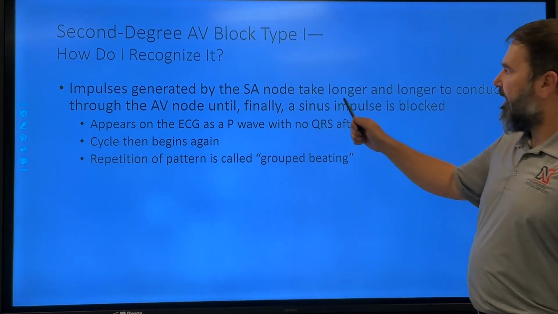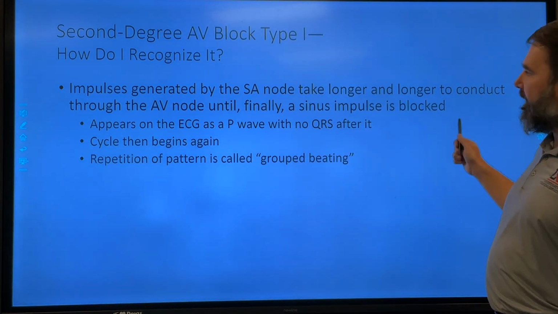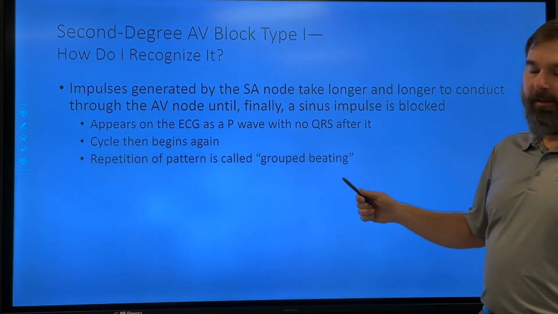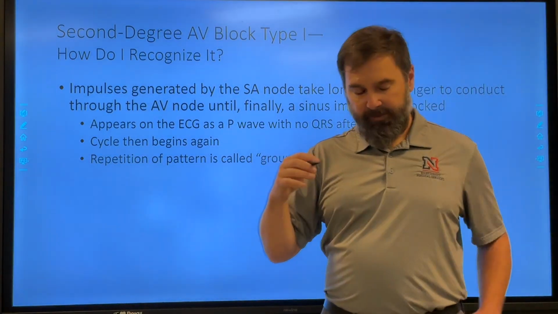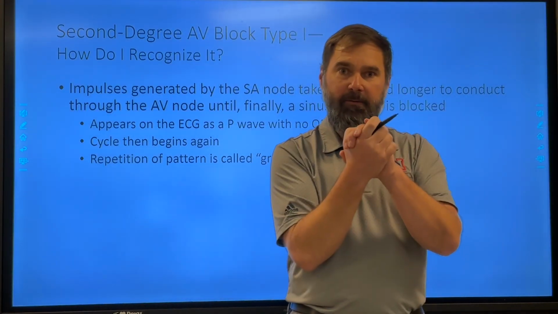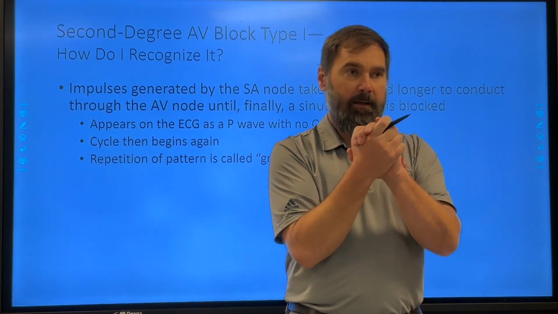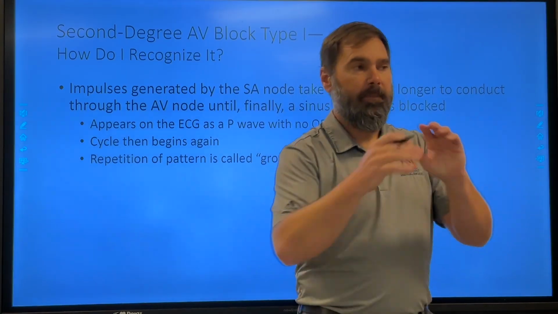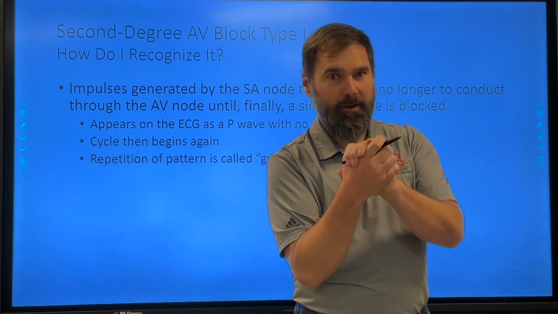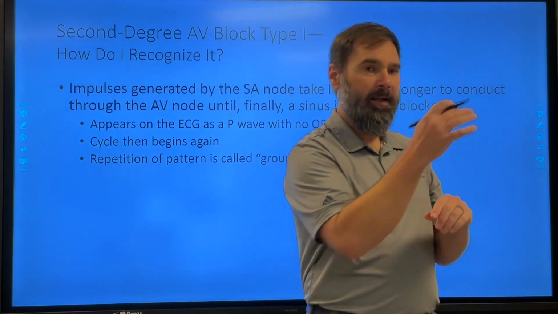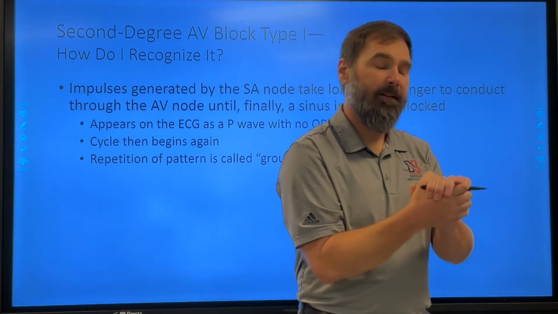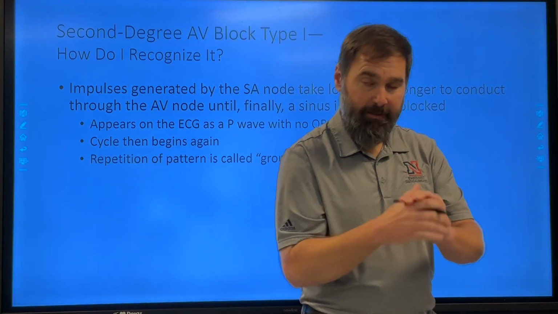The impulses generated by the SA node take longer and longer to conduct through the AV node until finally a sinus impulse is blocked. So what this is saying is the SA node sends the impulse, the AV node gets it and sends it out. The next time, the AV node holds on to it a little bit longer and then sends it out. The next time, the AV node holds on to the impulse even longer than the previous times and sends it out.